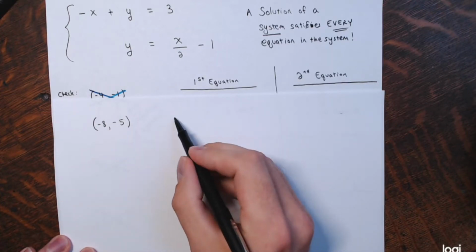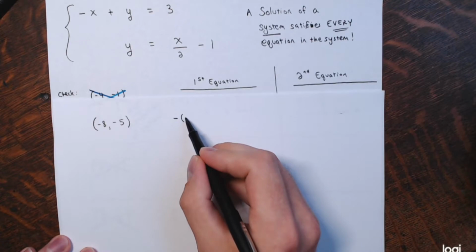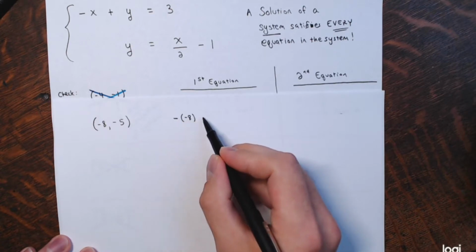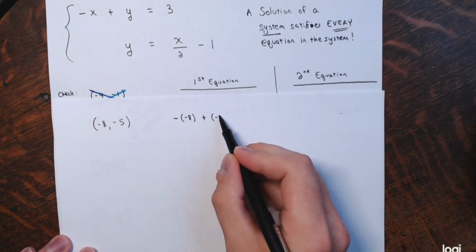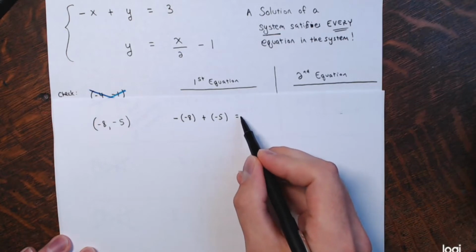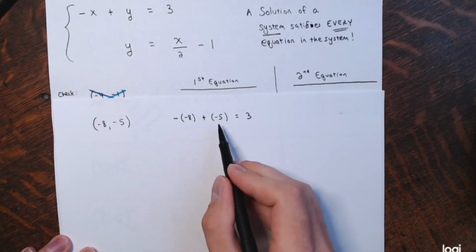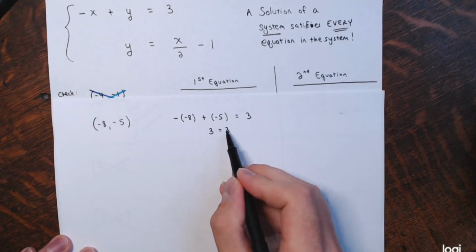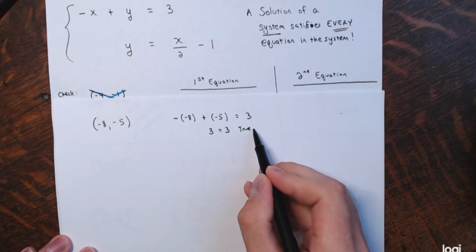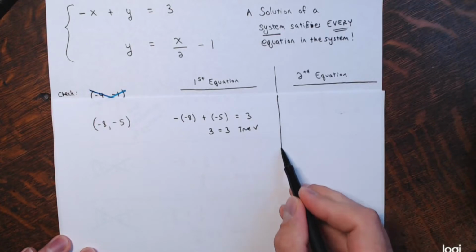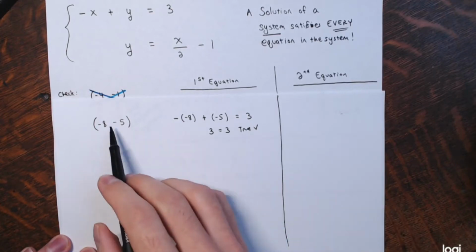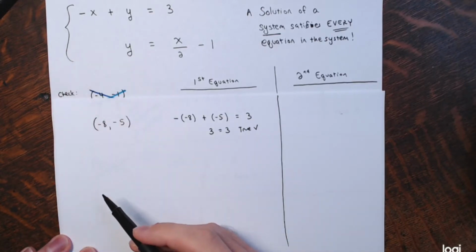First equation, we have negative 1 times x, so negative 1 times negative 8, plus negative 5 equals 3. Well, this would be positive 8 plus negative 5, that is 3. 3 equals 3. That's true. Okay, so far so good. So it's a solution of the first equation, but is it also a solution of the second equation?